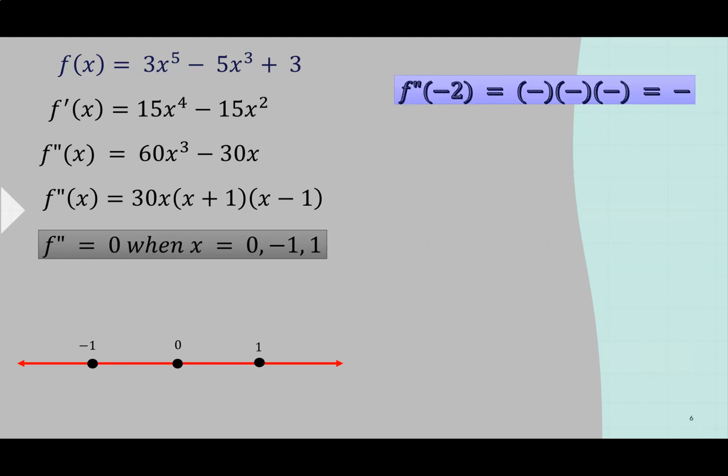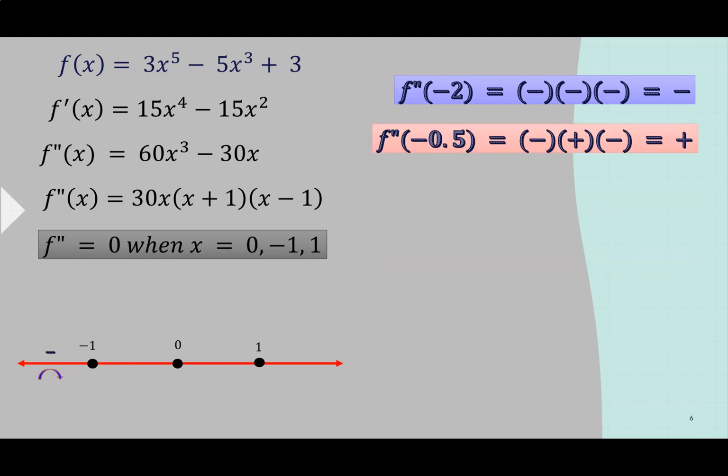Okay, so f of negative 2, which is to the left, is a negative number because negative 2 times negative 2 plus 1 is negative, and then negative 2 minus 1 is also negative. And if you multiply 3 negative numbers, you will get a negative number. So your function concaves down to the left of negative 1.